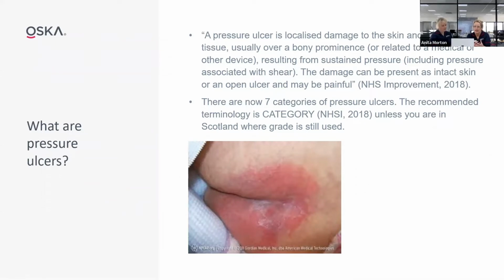But in the NHS Improvement document, they looked at adding 2 other categories, which are deep tissue injury, which recognises that there's a period of time between when the damage happens in deep tissue and when that tissue completely dies off and becomes necrotic. That's a period when the tissue looks more bruised and purple rather than dead and necrotic, so that's now called deep tissue injury. And then the 7th category is pressure damage that's caused by medical devices, and we'll talk about that in a little bit more detail.